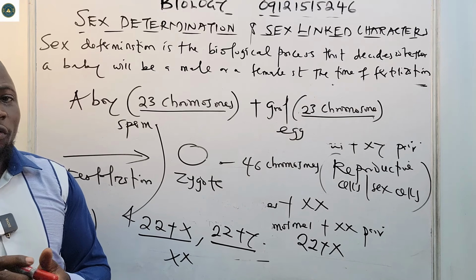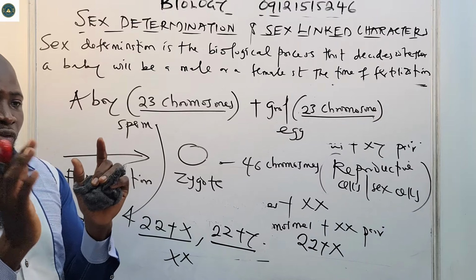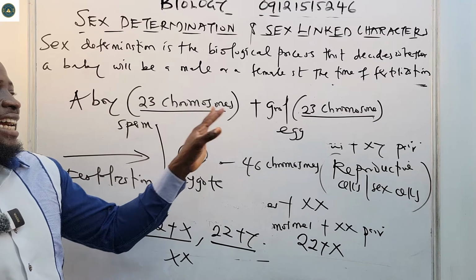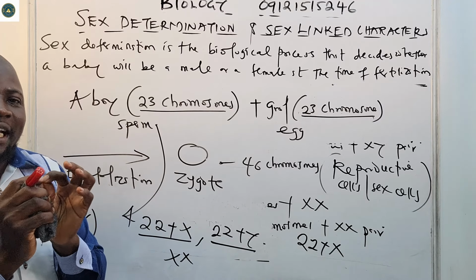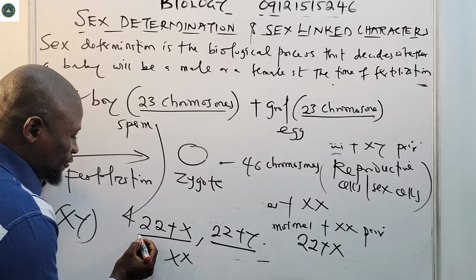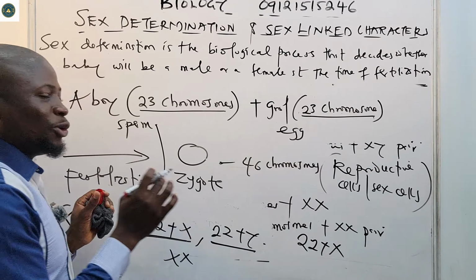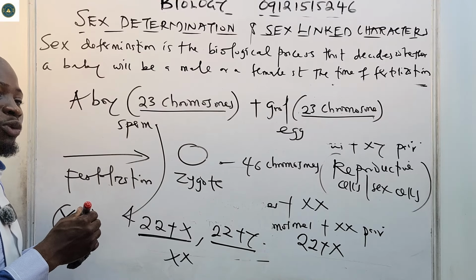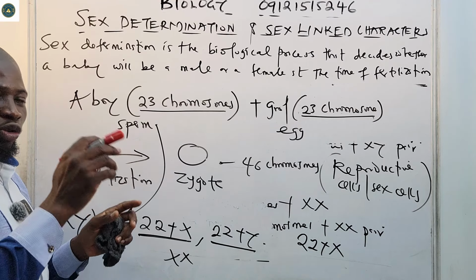Now, during the process of fusion, the egg and the sperm will fuse together. Depending on which one is fusing with the one from the girl determines the sex of the child.